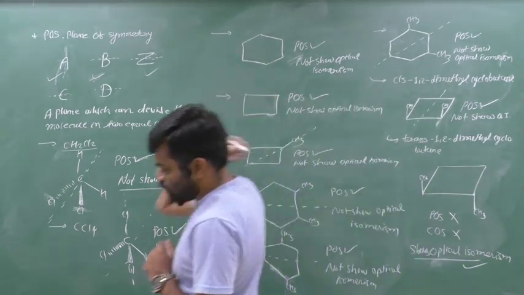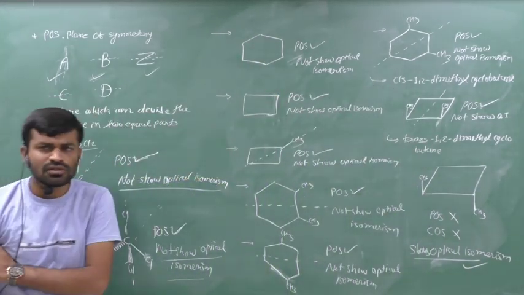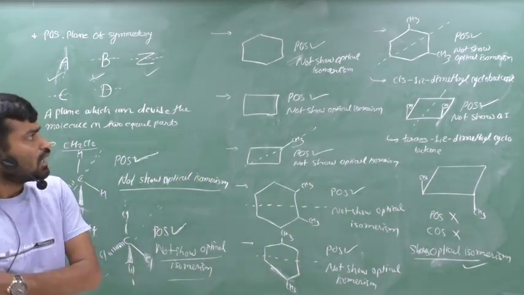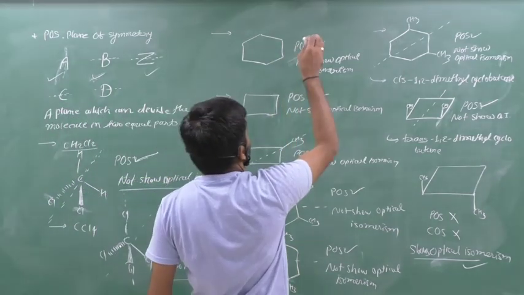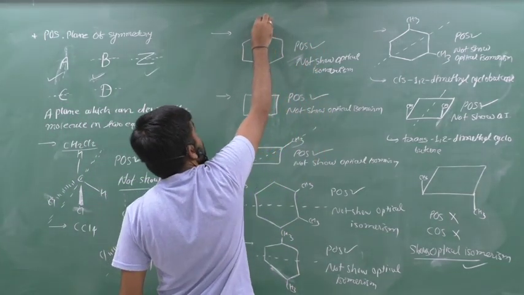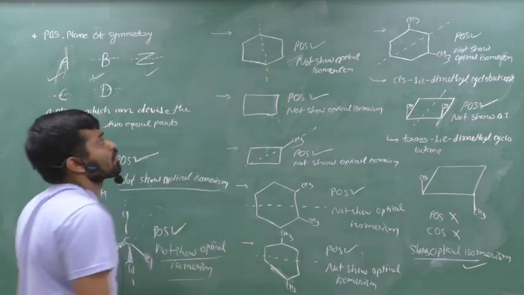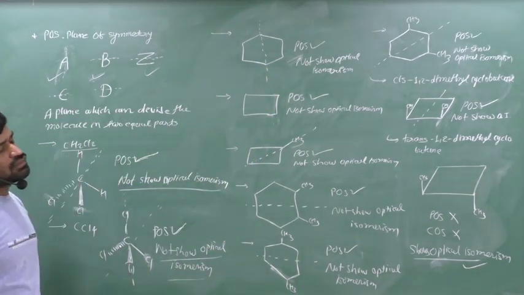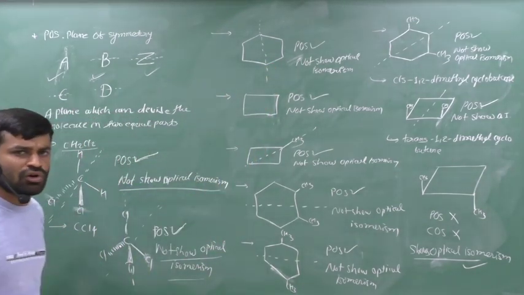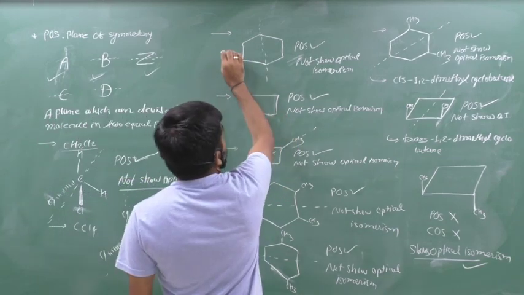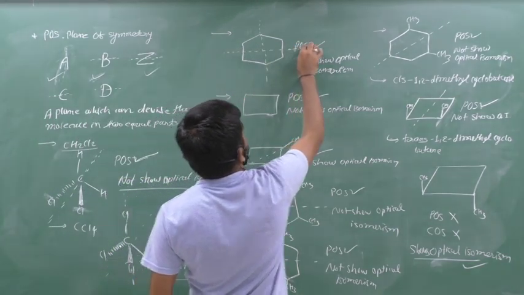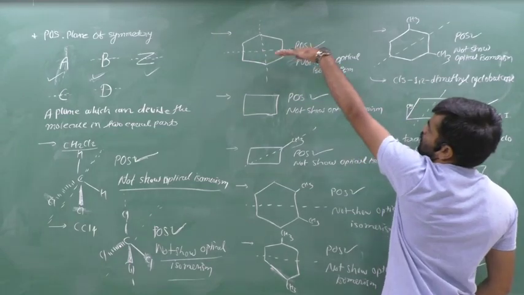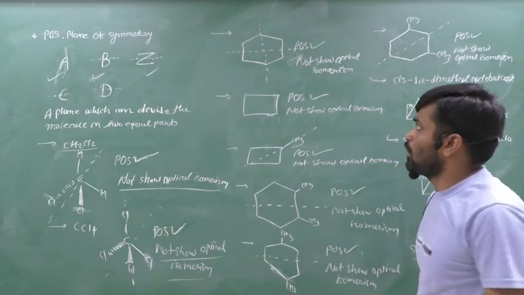Suppose we have a cyclohexane. It has a plane of symmetry; the first plane is that. If you pass the plane from that side, it divides into two equal parts. That is the first plane of symmetry. It is the second plane of symmetry, because if you pass the plane like that, it also gives two equal parts.